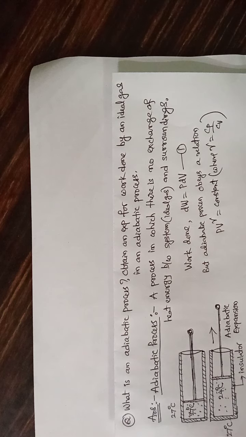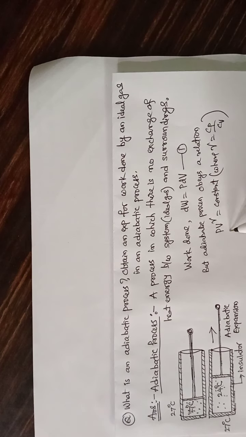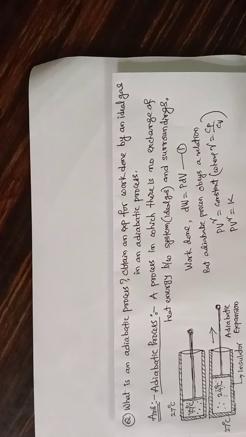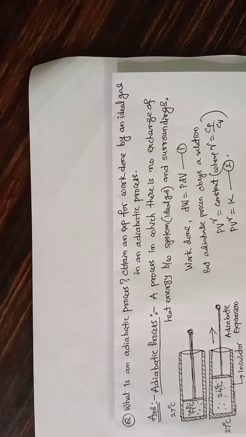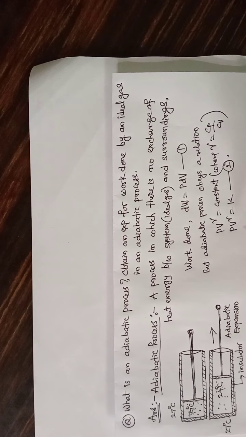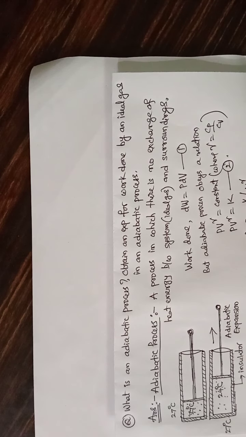And this is constant, therefore let us write it equal to K. Now, this also can be written as P is equal to K by V power gamma. Let us substitute this in the first equation.